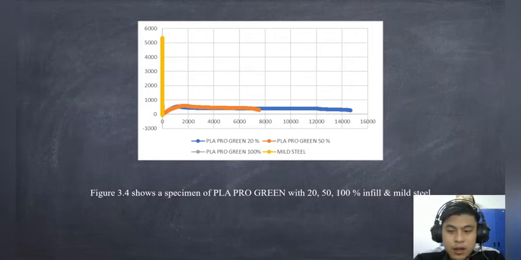Which is the longest, and the mild steel takes time and cannot reach the level of the PLA Pro Green.